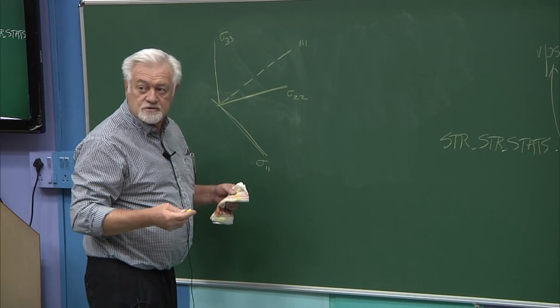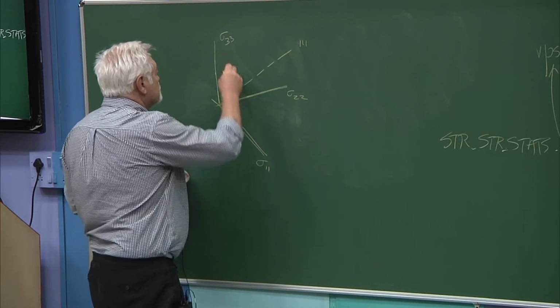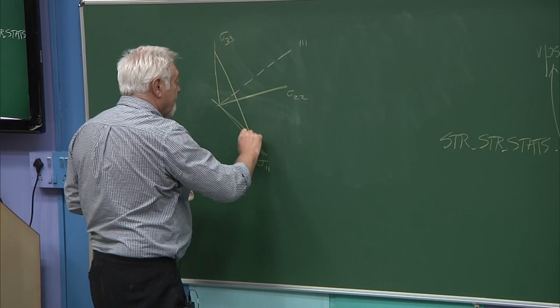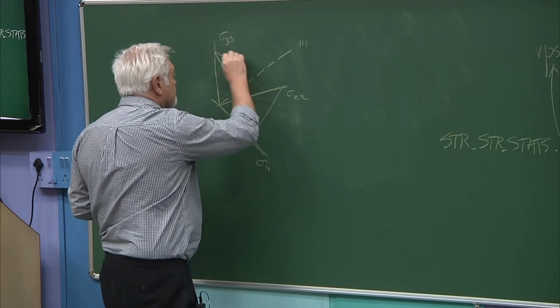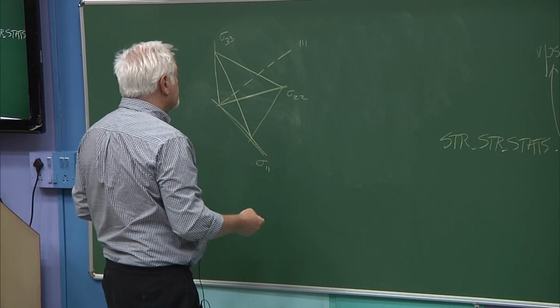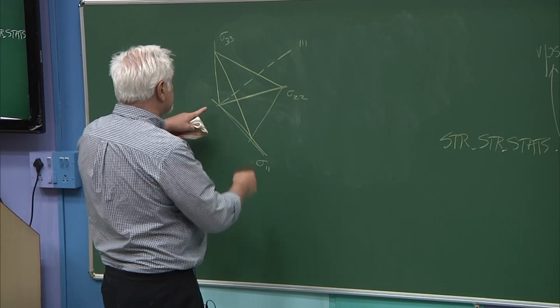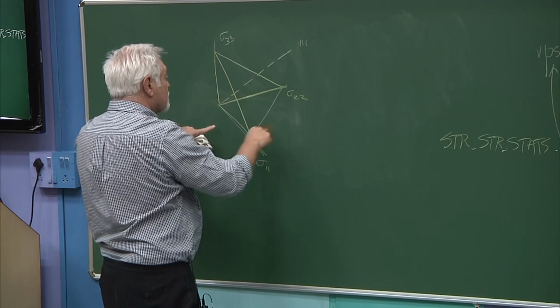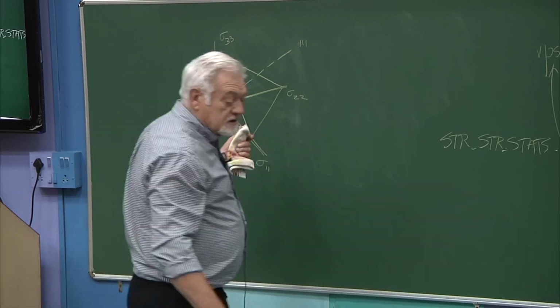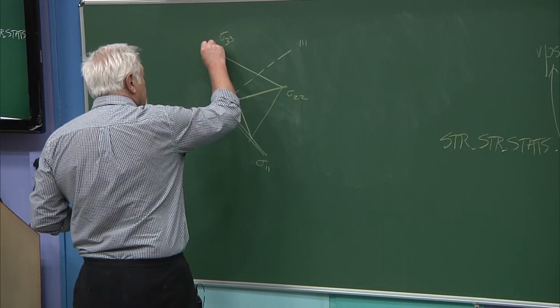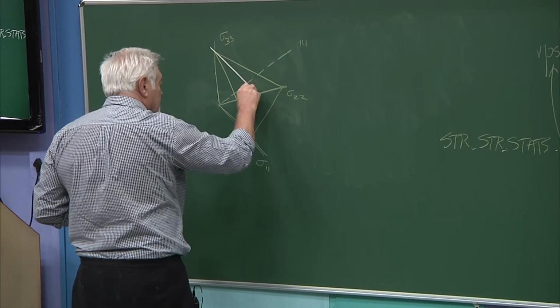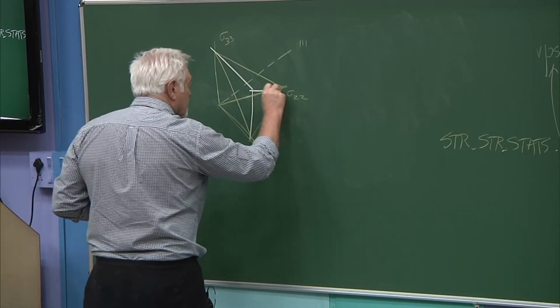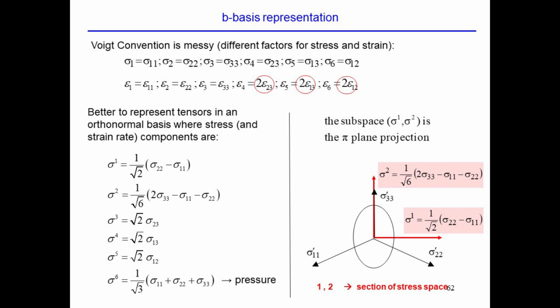This line corresponds to the pressure. So if you project this axis, the axes sigma 11, sigma 22, and sigma 33, into this plane, you get those triangles separated by 120 degrees.